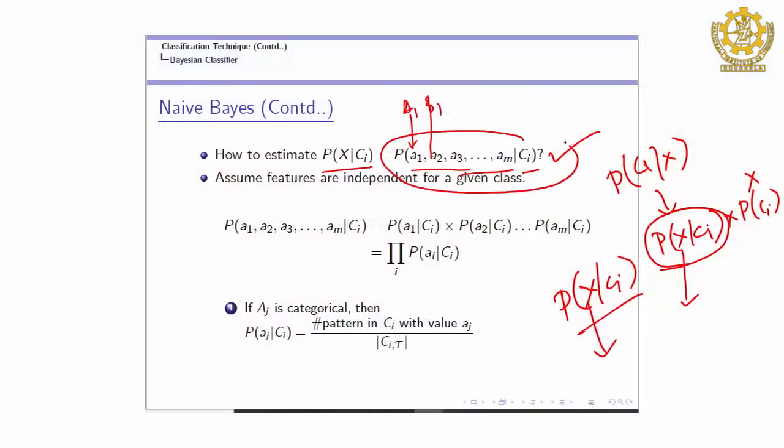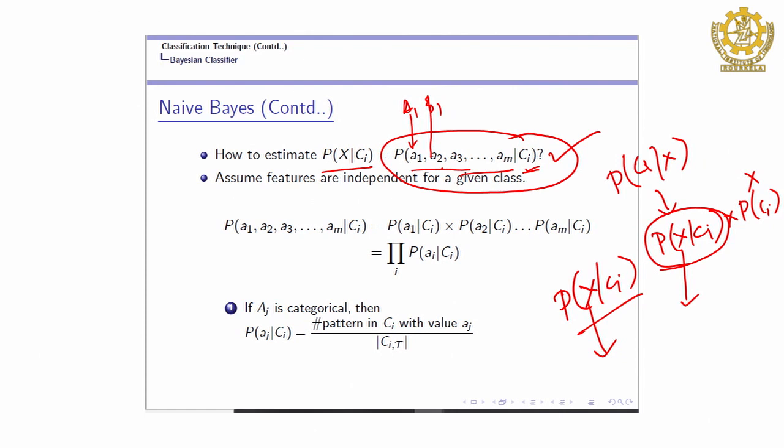So, here we go. Now the problem is reduced to computing this value, probability of x given Ci. That means, you know the value of x and you compute, given Ci within a class, what is the probability of those individual values of x.